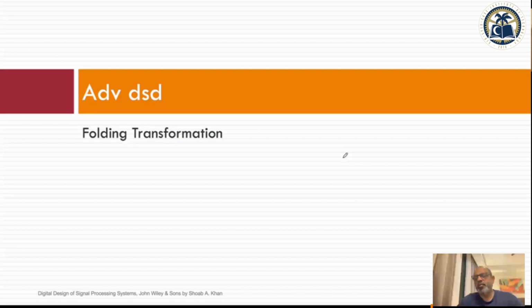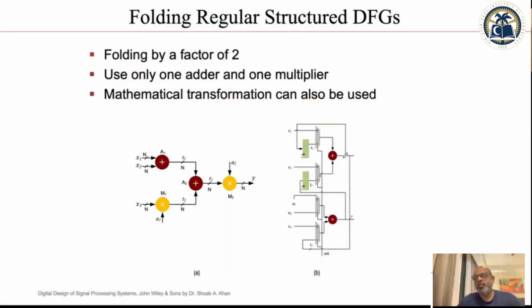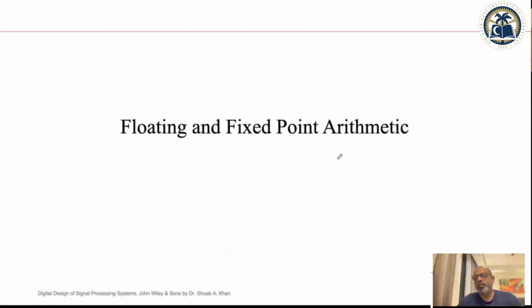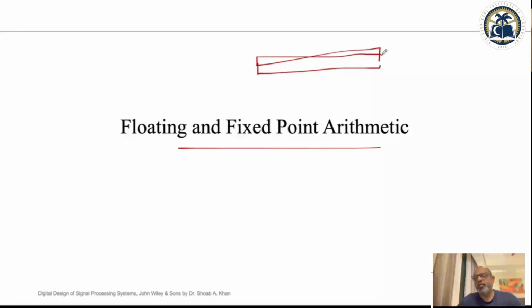Now, what I intend to cover in the remaining time is something again very fundamental to algorithms: how you are going to represent numbers. Usually when you are coding in Python or MATLAB or C, you are least worried about these things, but once you are implementing in hardware, you've got to be very cautious about how you are representing your numbers.